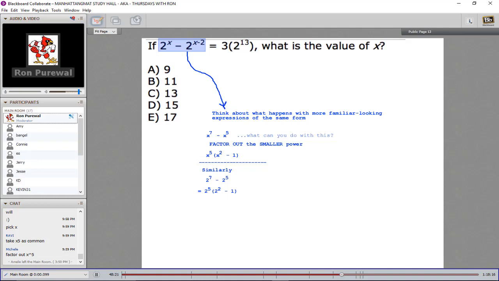So then the next thing, if it's 2 to the x minus 2 to the x minus 2, the small power is x minus 2, so you pull that out. And when you take x minus 2 away from x, you get 2. So this is the same thing. This is actually the same as this.